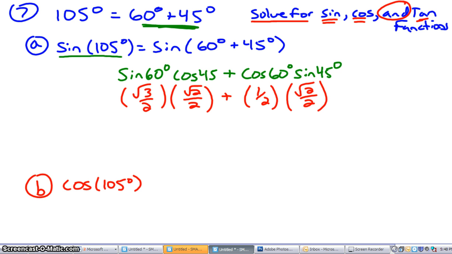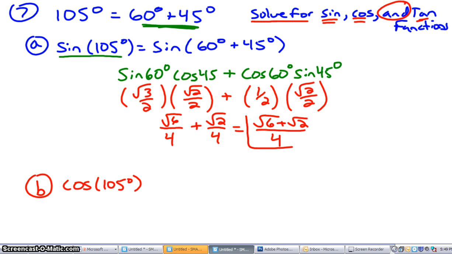Now, having done this, we're going to put together these multiplications, leaving us with radical 6 over 4 plus radical 2 over 4, breaking down to radical 6 plus radical 2, all over 4. Again, I like the completeness and the tightness of this solution.